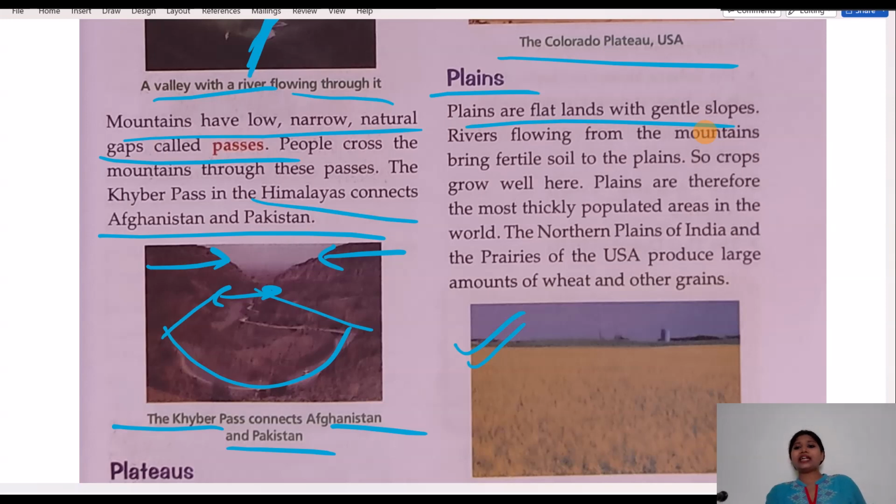Plains are flat lands with a gentle slope. Rivers flowing from the mountain bring fertile soil to the plain, so crops grow well. Whatever river flows down brings fertile soil. Fertile soil means very special soil in which crops grow very well. So in this type of land, farming is done very well.